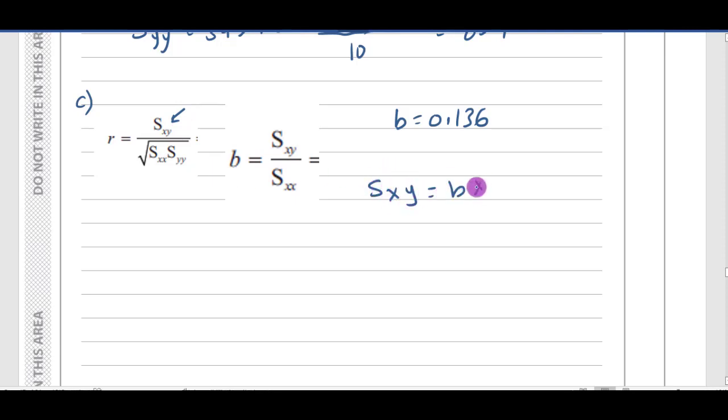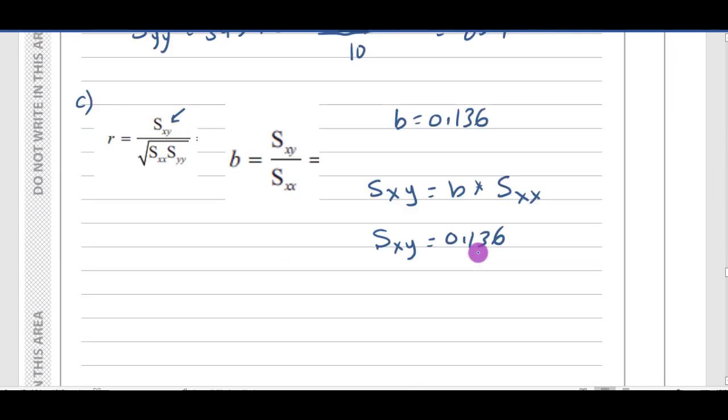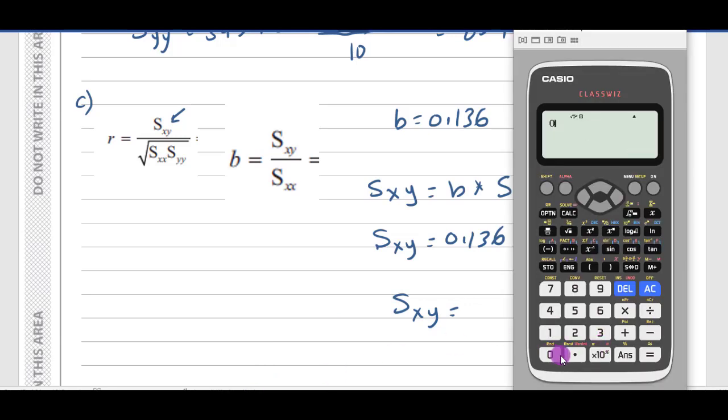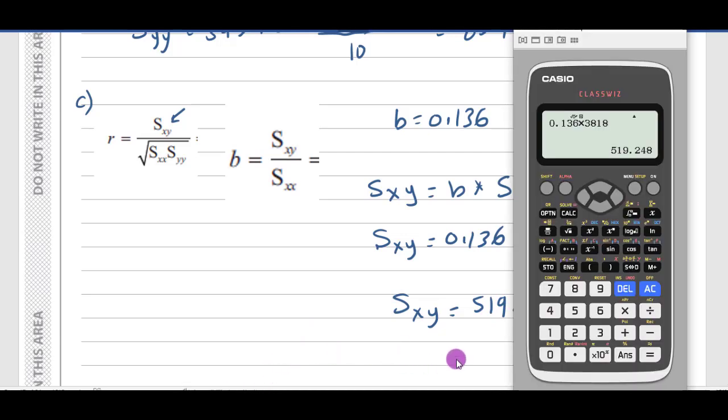SXY is equal to B multiplied by SXX, so SXY is equal to 0.136 multiplied by 3818, which is 519.248.